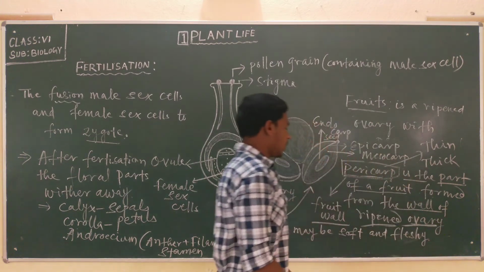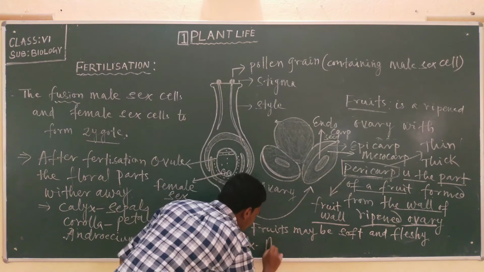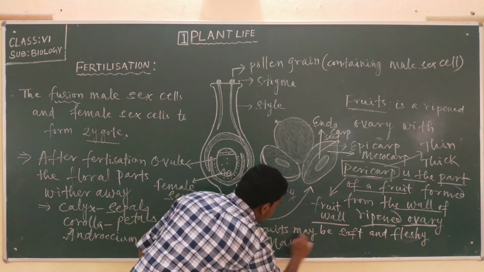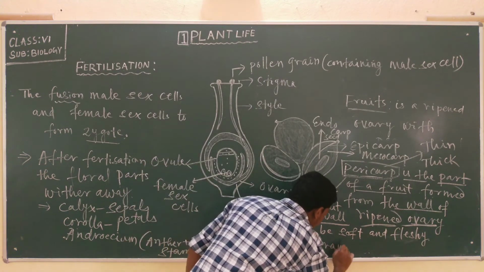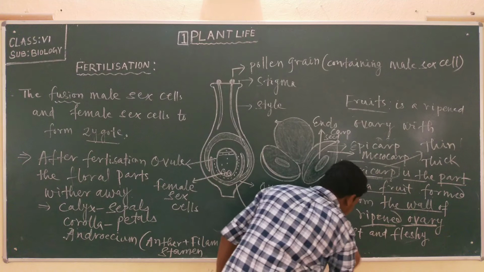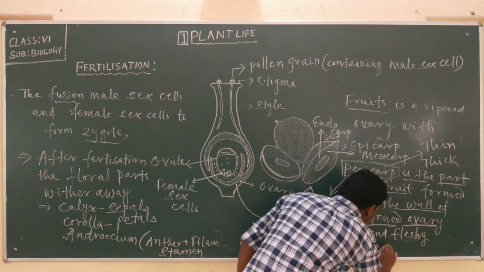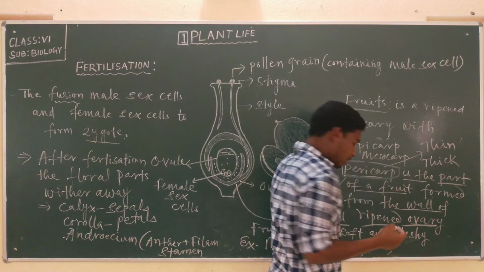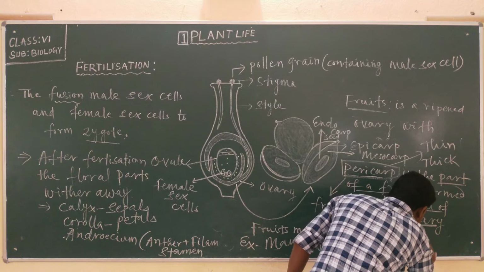Which fruits can be soft and fleshy? Examples: mango, orange, pear fruit, and even chiku.